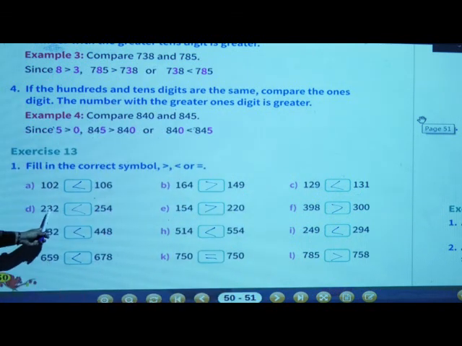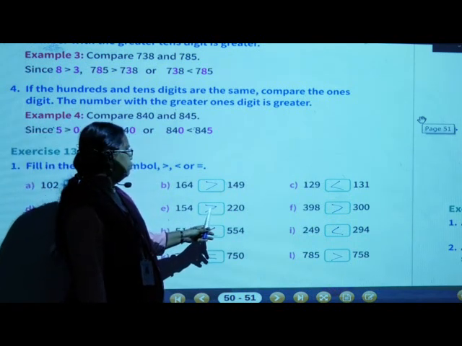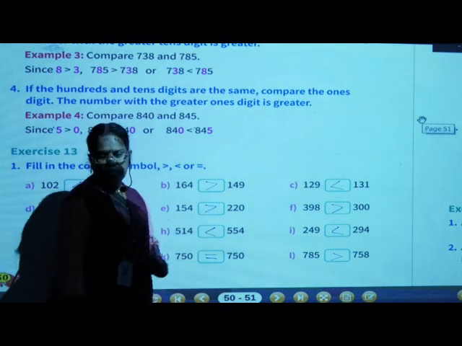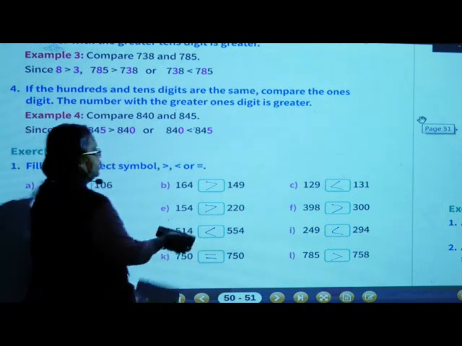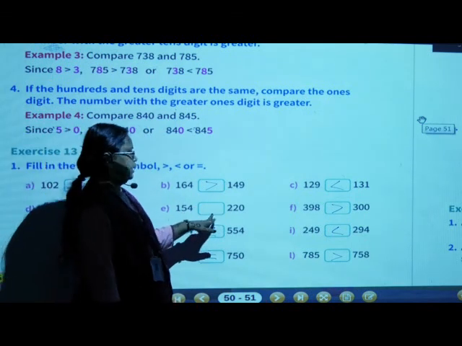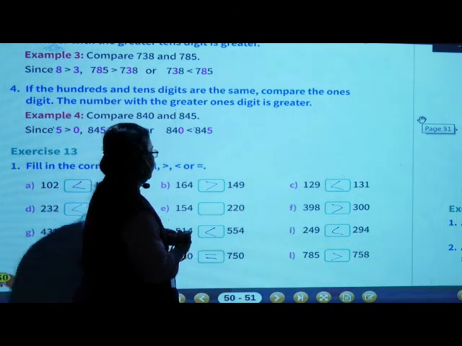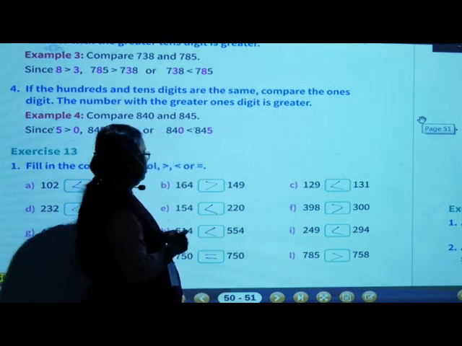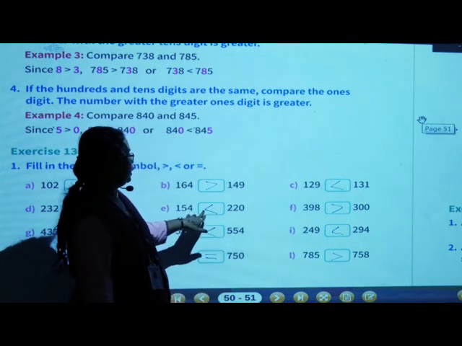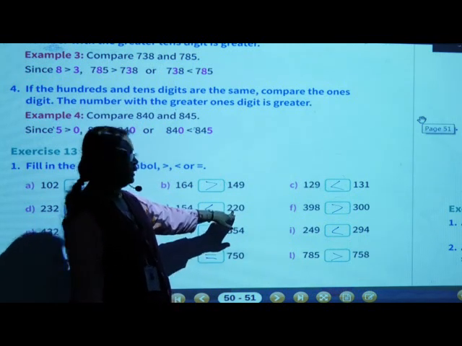Then D, 232 is smaller than 254. Then E, 154 is smaller than 220. So 154 is smaller than 220, which means 220 is the greater number.